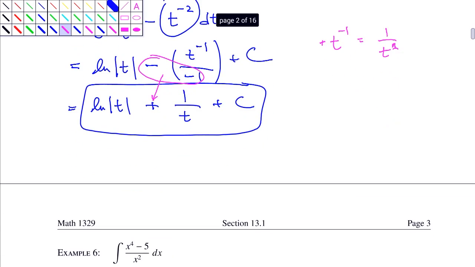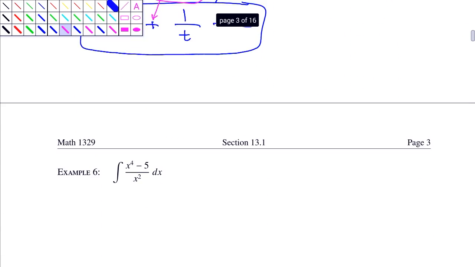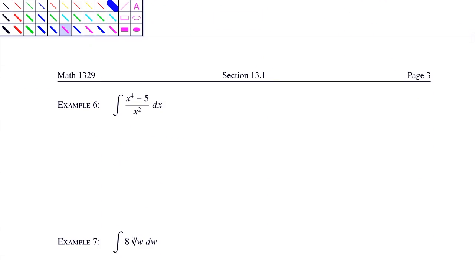Let's look at example 6. We need to do the integral of x to the 4th minus 5 over x squared. We have x's in too many places. There's a fraction, it's not on the baseline. So we have to do some algebra first to fix that. So we're going to split it up. So it's going to be x to the 4th over x squared minus 5 over x squared dx.